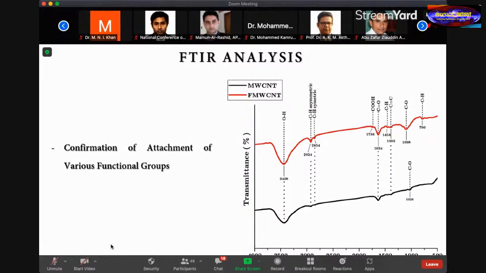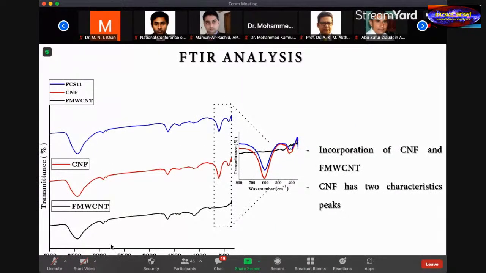After functionalization, except the C=C vibration, all of the bands' intensity increased. The reduced C=C indicates a strong oxidation has taken place, which is indicative of defects on the nanotube structure. In this figure, from the FTIR of CNF, we can see two characteristic bands appeared at the 400 and 600 cm⁻¹ regime.